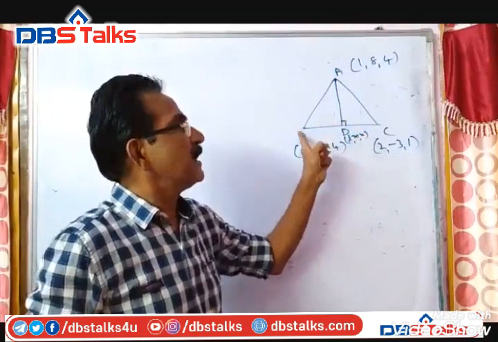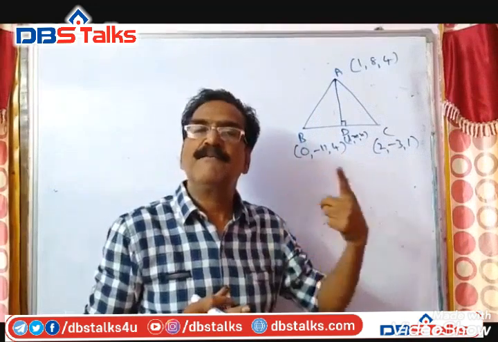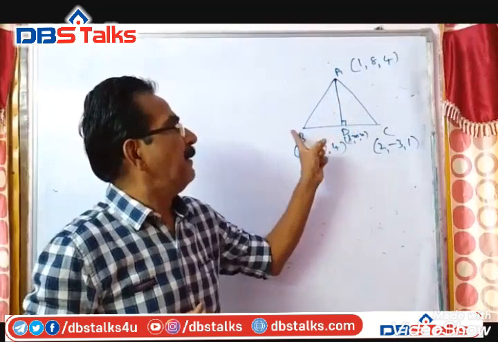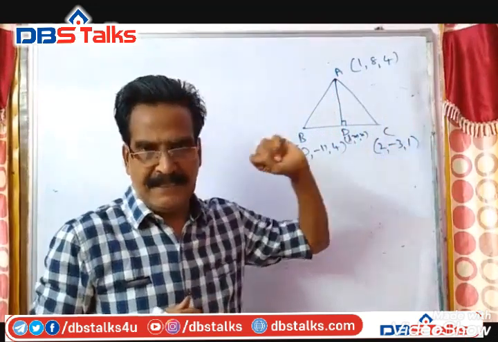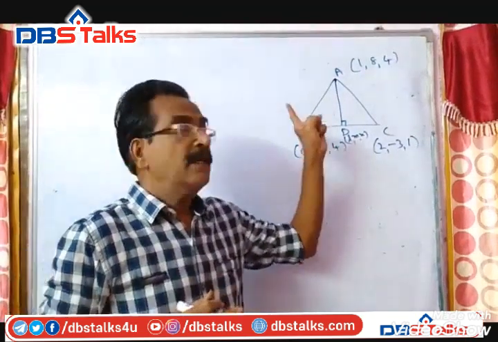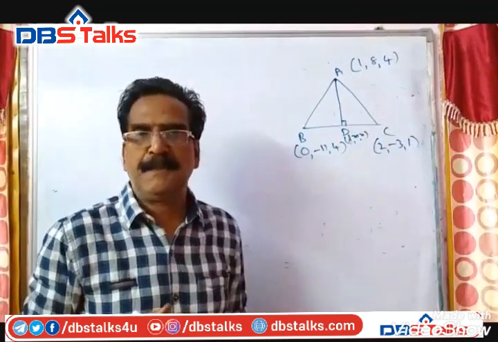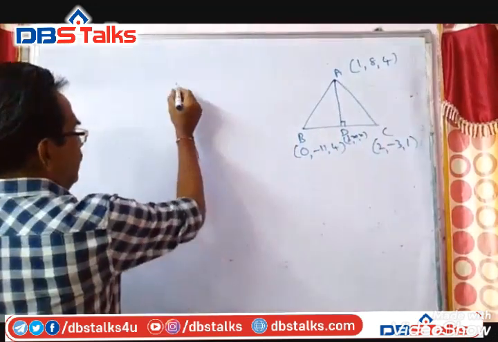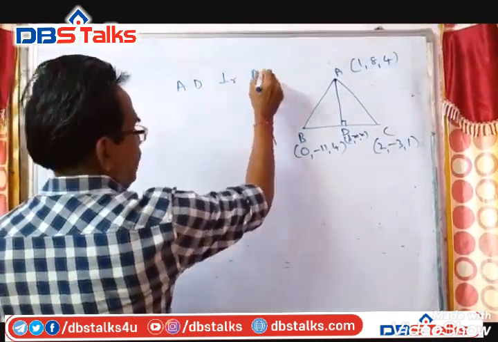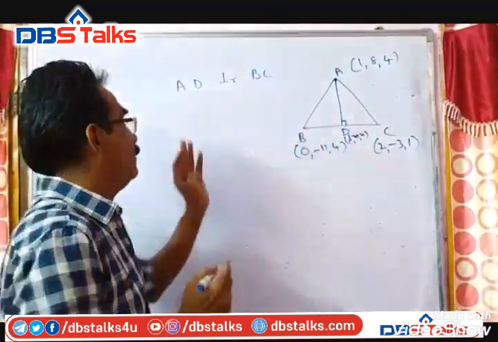Since D is the foot of the perpendicular from vertex A, AD is perpendicular to BC.